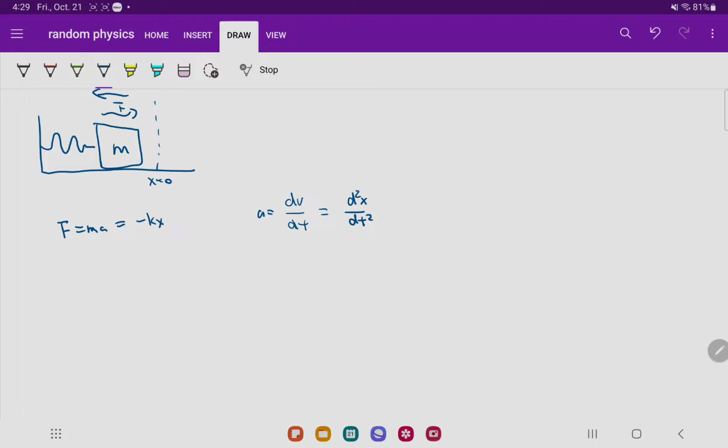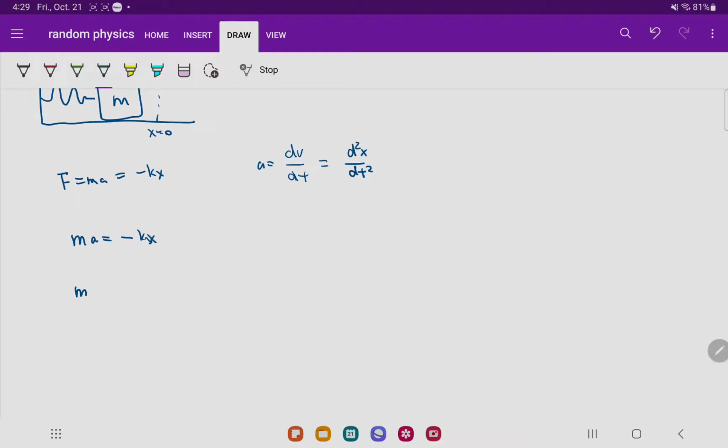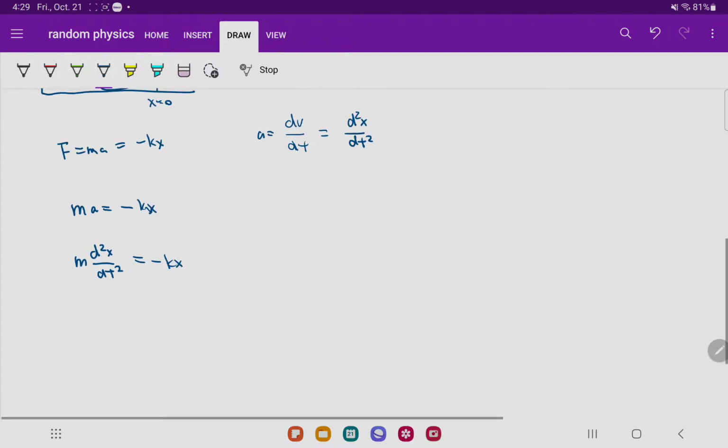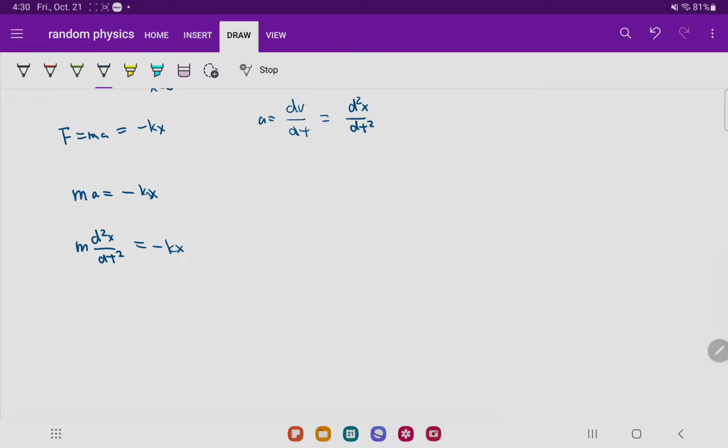So let's write that. ma is equal to negative kx. And then a can be written as d squared x over dt squared, which is equal to negative kx. Now I'm going to introduce something called omega.